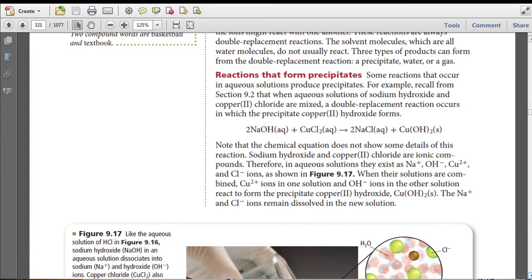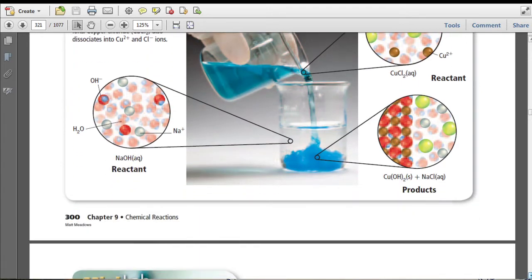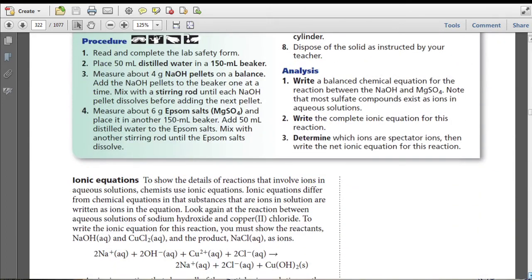When their solutions are combined, copper 2 cations in one solution and hydroxide anions in the other solution react to form the precipitate copper 2 hydroxide. The sodium cation and the chloride anion remain dissolved in the new solution.